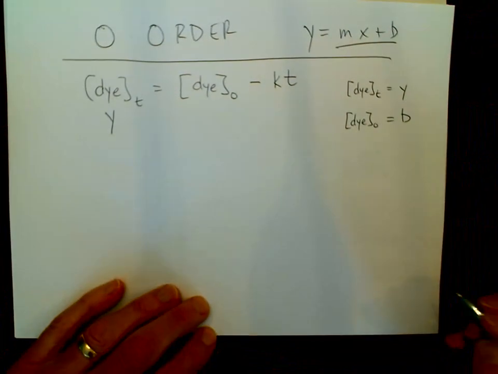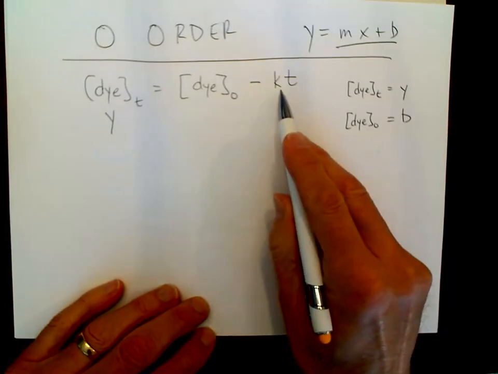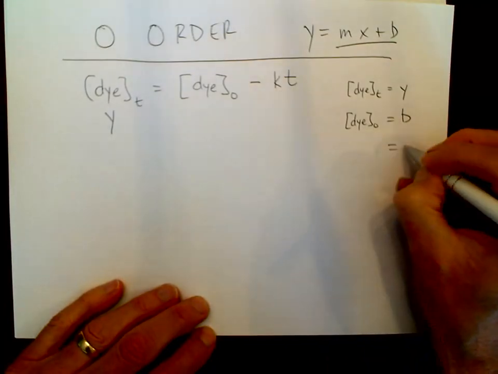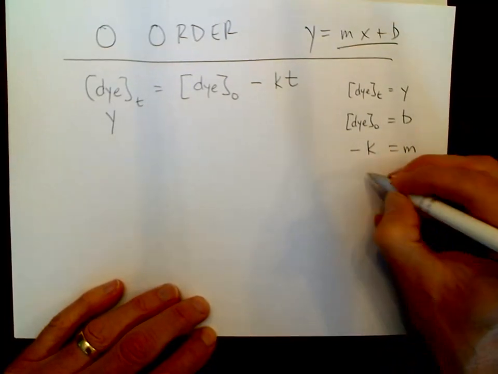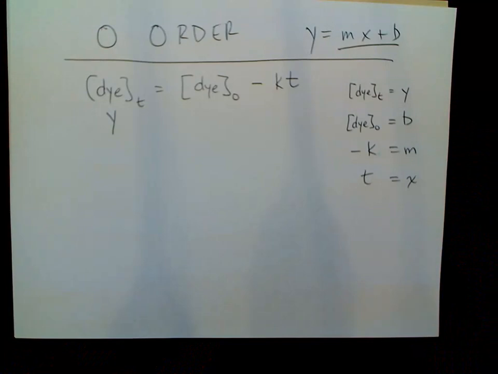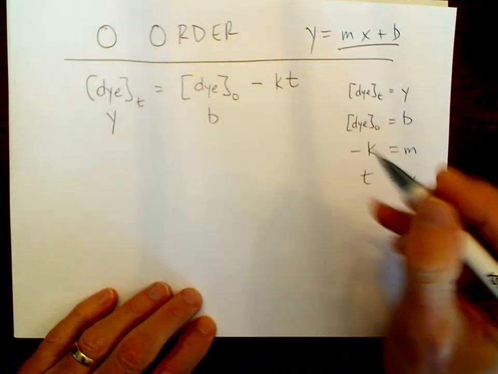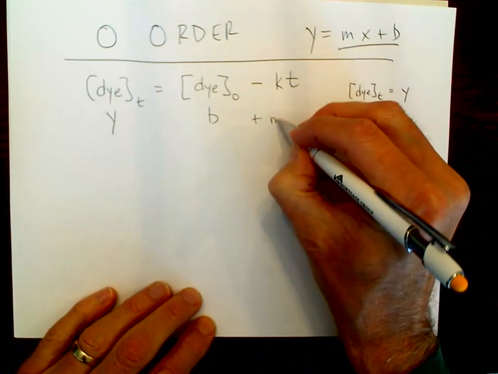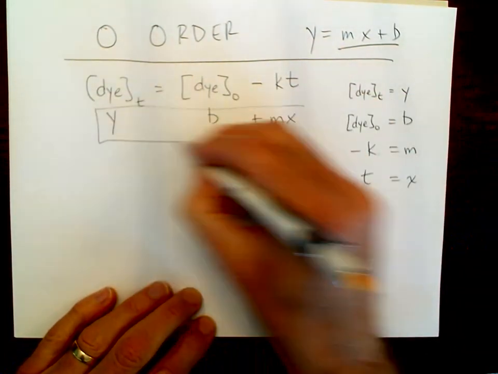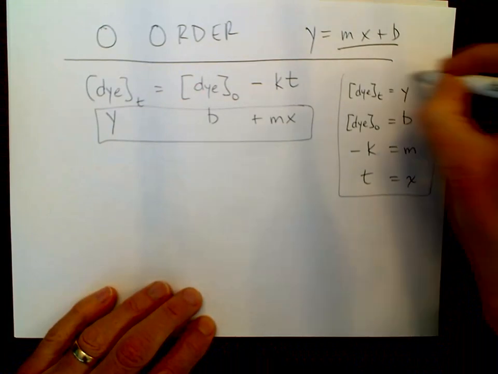That's what we want. We're going to make the slope m negative k, and we're going to make x time. So let's see. This becomes b. This becomes plus, because it's a negative k, mx. There we go. Y equals mx plus b if I make these substitutions.